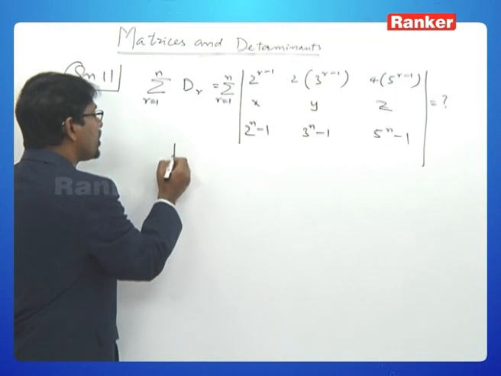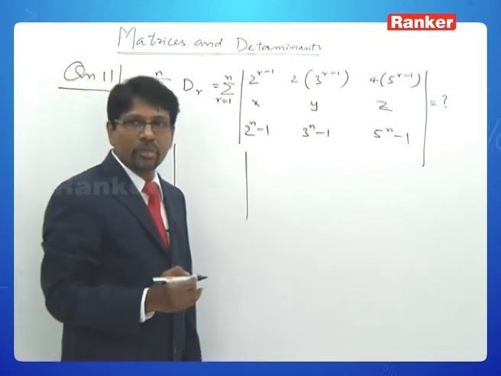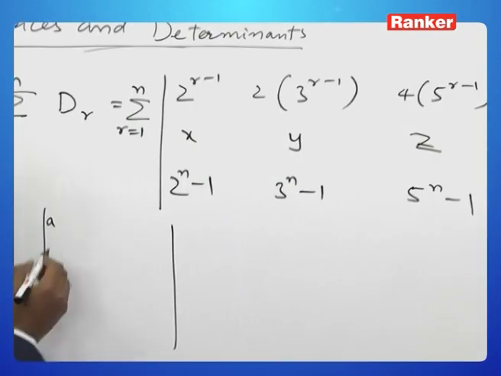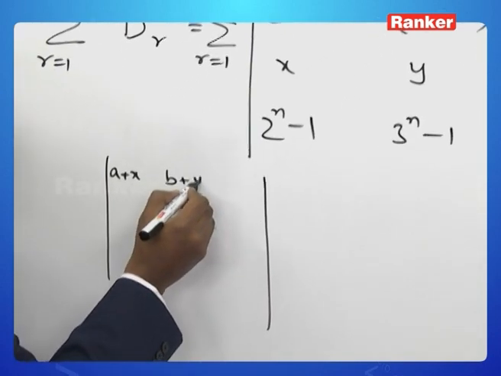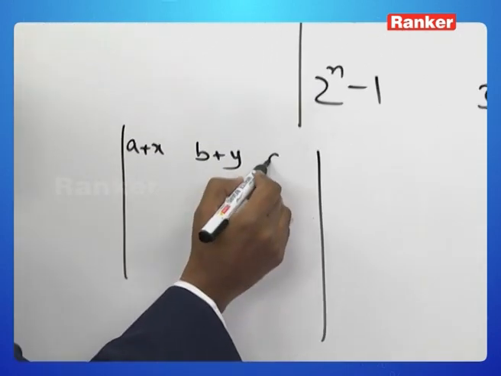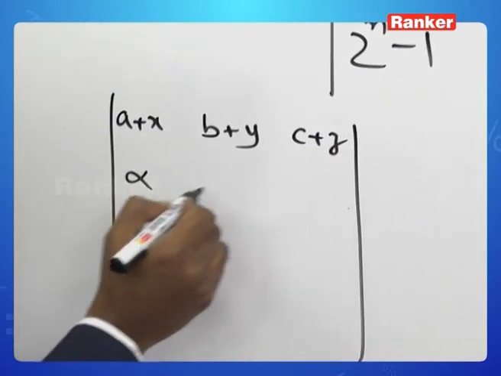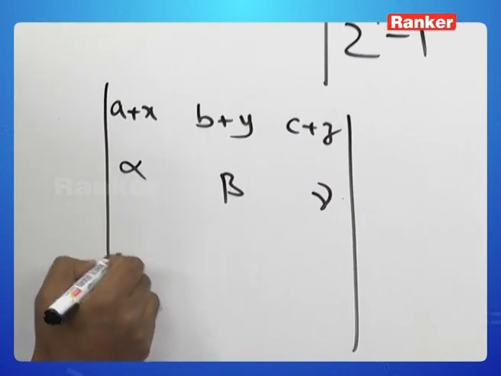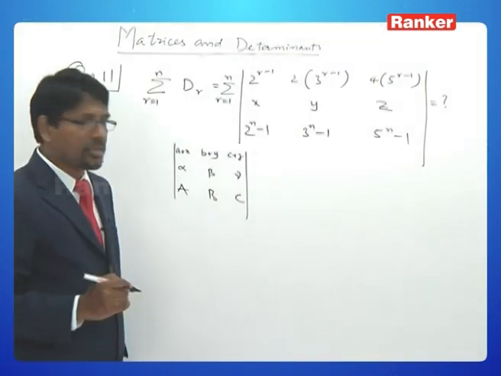Now we make use of this property of determinants. Suppose you have in one row something like A plus X, B plus Y and C plus Z, and alpha, beta, gamma, and capital A, capital B, capital C, some numbers like this.